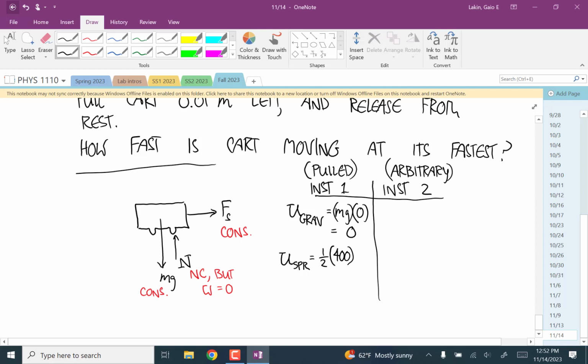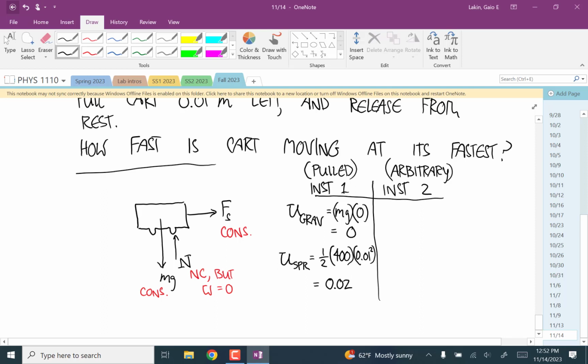Now remember, x is how far the spring is from its resting length. So we stretched it out 1 centimeter, so that's x. Okay, so I'm going to write this as 0.01 squared, and that gives us a potential energy of 0.02.